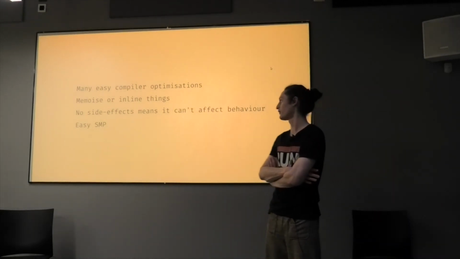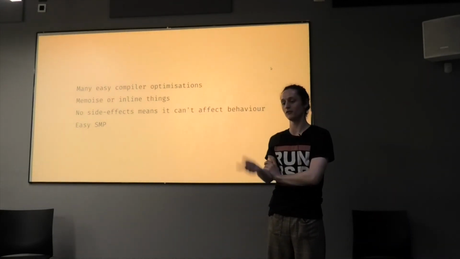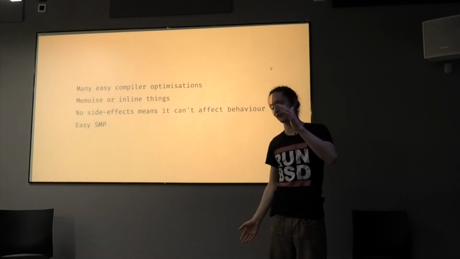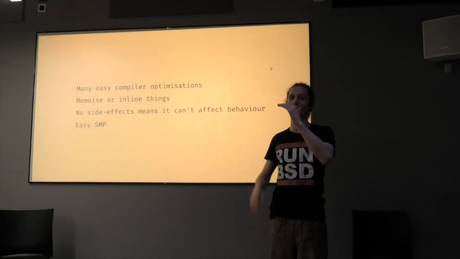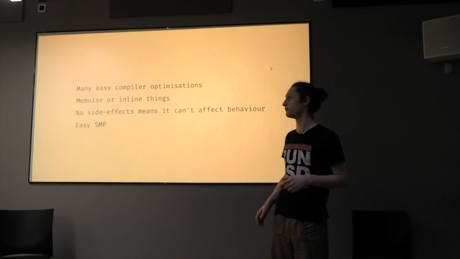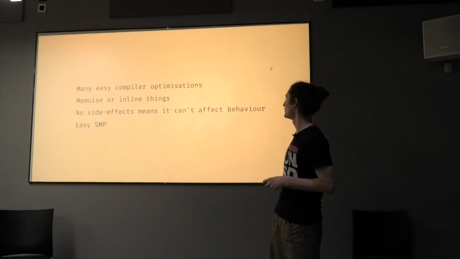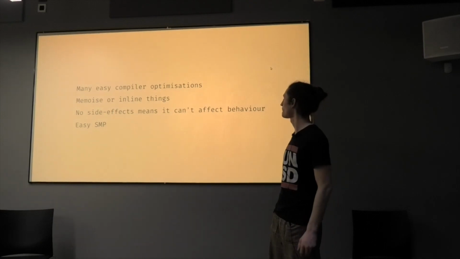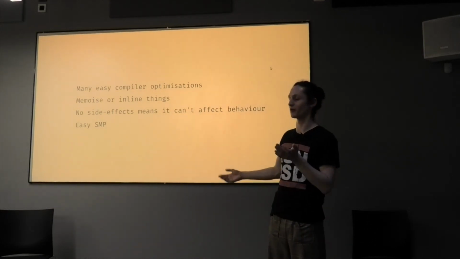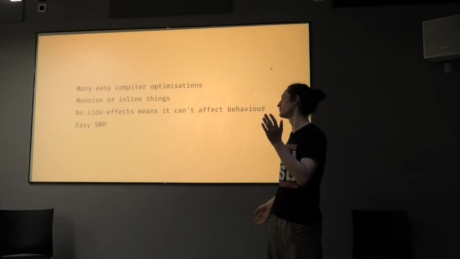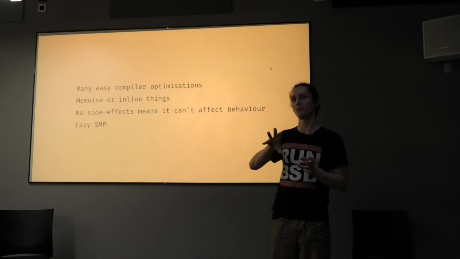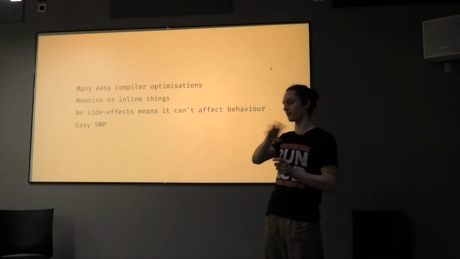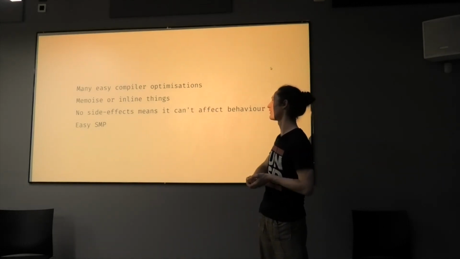So if you're only going to have a finite set of inputs, then you can just tabulate the whole function and save a lot of processor time. Obviously, most of the time you have really huge input sets, so you wouldn't want to do that in practice. But the compiler can look at a particular function and decide it makes sense to memoize this, or it makes sense to inline it.